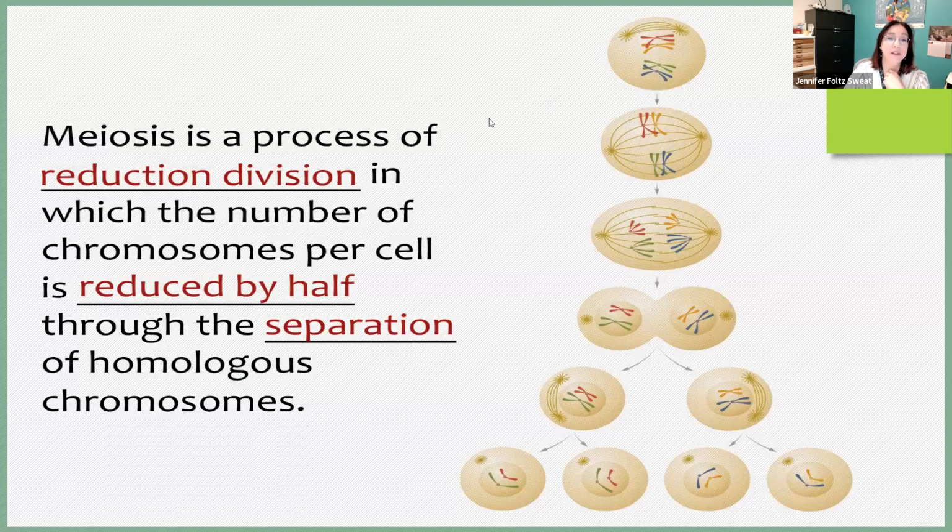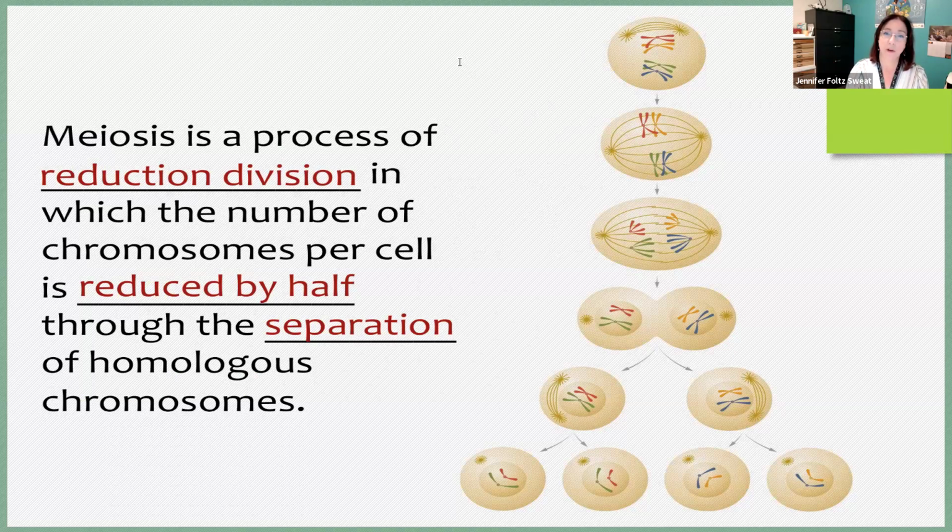All right, so a few things I want to point out here. Don't worry about this reduction division. We'll talk about it later. Actually, all it really means is the number of chromosomes per cell is reduced by half. And so in meiosis, the cell is going from diploid to haploid.